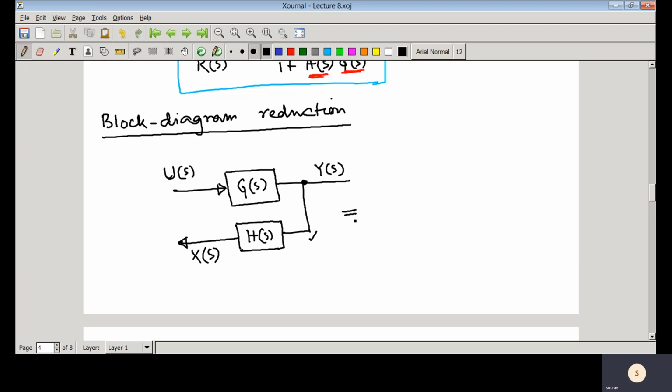So this particular block diagram is equivalent to, that means if you take the branching point from this point to that point, then what happens?